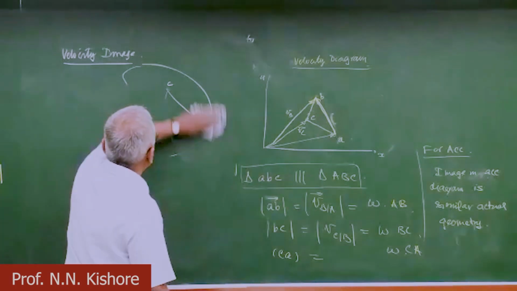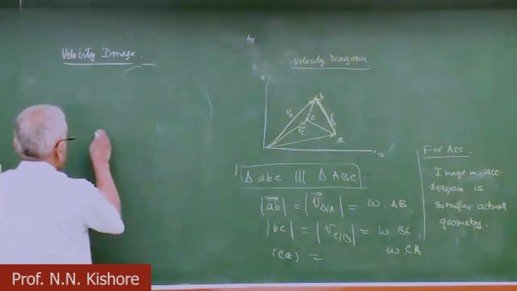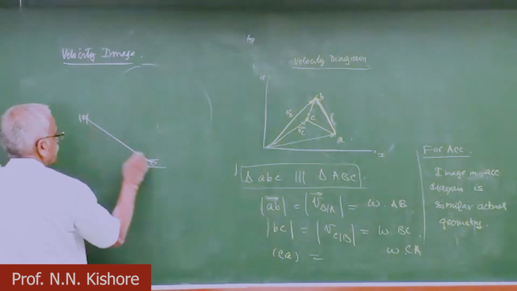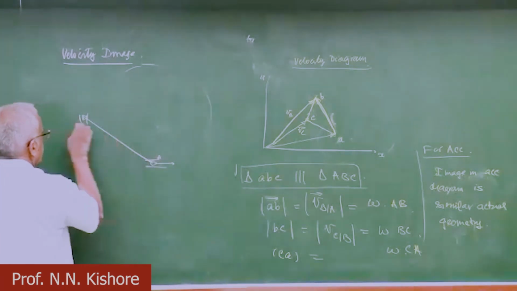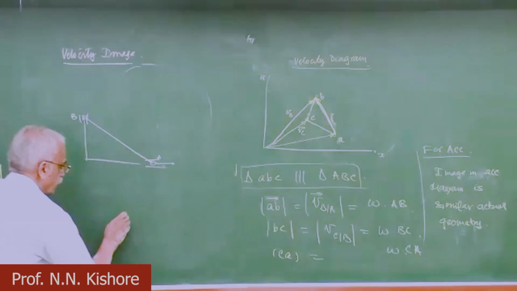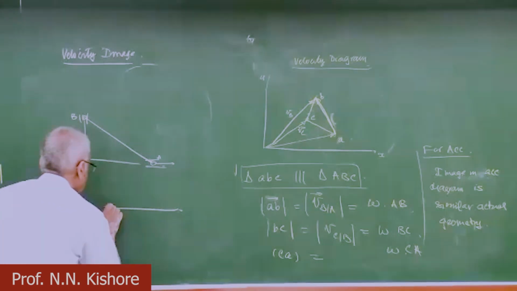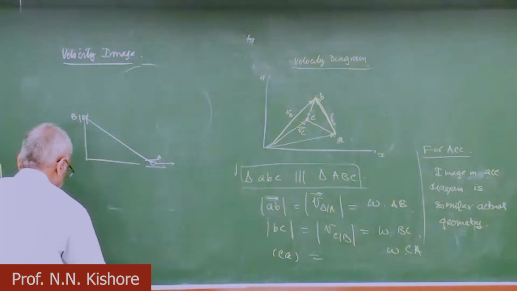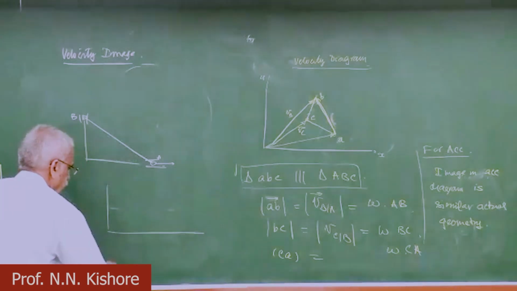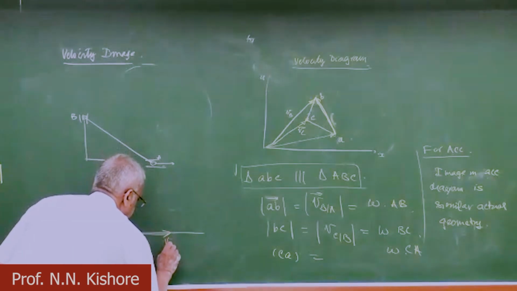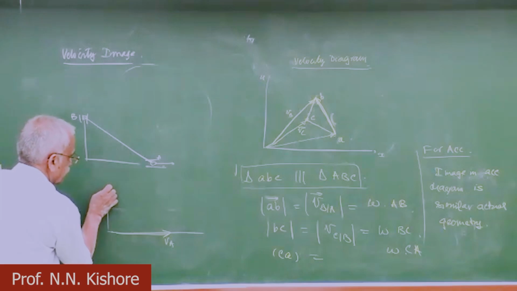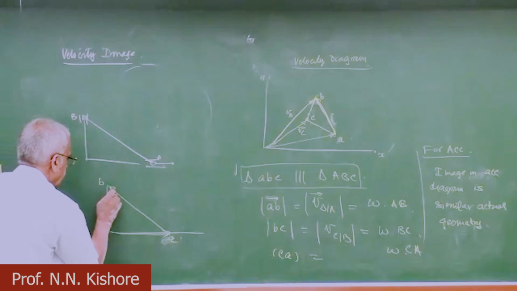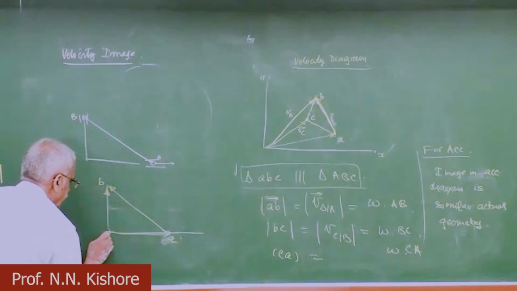A quick one is, just take, for example, if you draw the acceleration, so the velocity of this one is like this, and the velocity of B, I'll mark it A and B, and this is the origin.